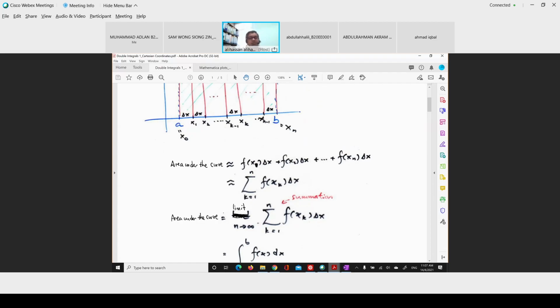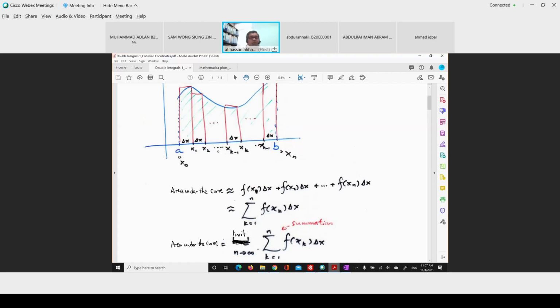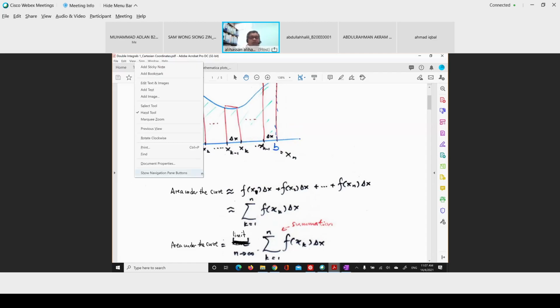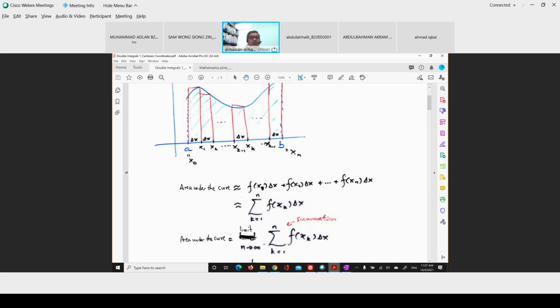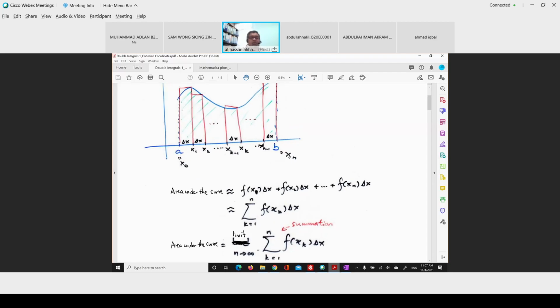How to get better and better estimates? We use smaller and smaller partitions. But when delta x gets smaller and smaller, that means the number of partitions gets higher and higher. Here we have divided the interval a to b into n subintervals. So to get better estimates, we use higher and higher values of n.